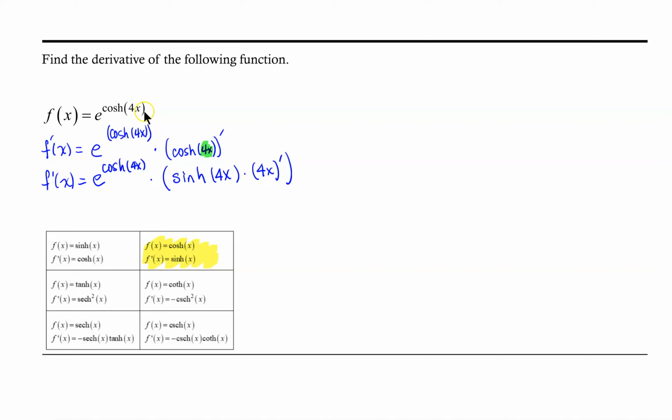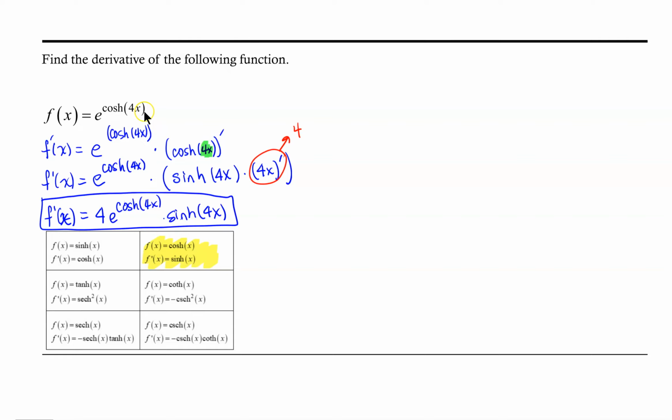So cosh of 4x prime is sinh of 4x times the derivative of 4x. Now, the derivative of 4x, that's going to be 4. So let's go ahead and bring that constant out to the front of the function. So f prime of x is going to be 4 e to the cosh of 4x times sinh of 4x. And there's our derivative. I hope this is helpful.